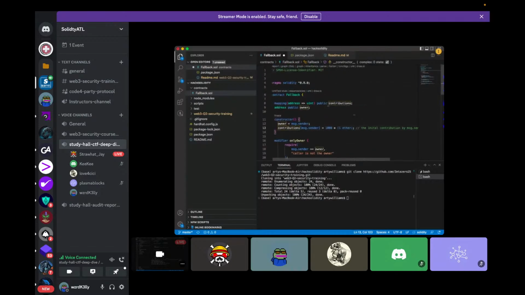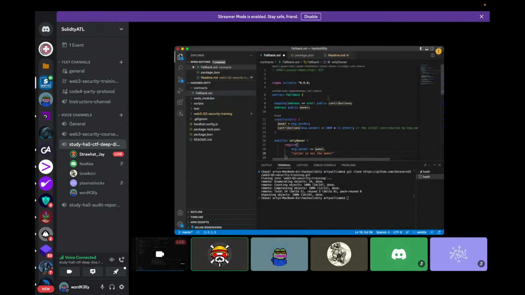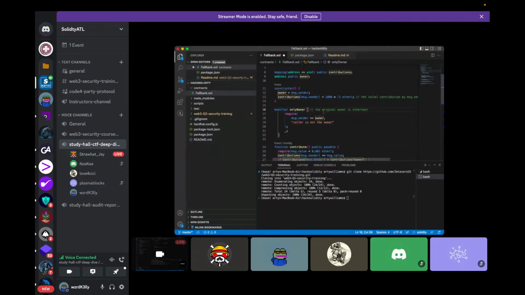That owner field is the address of the Ethernaut deployer. Okay. Only owner. Okay. Yep.